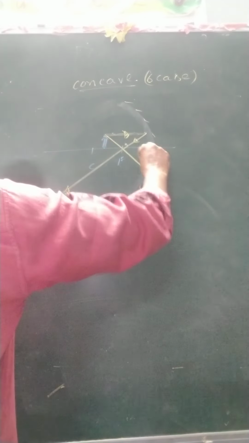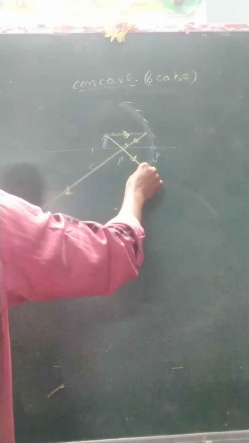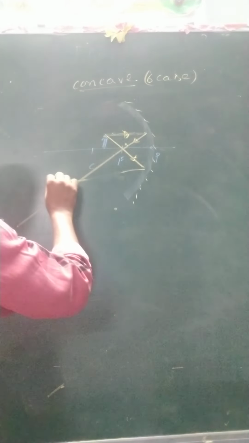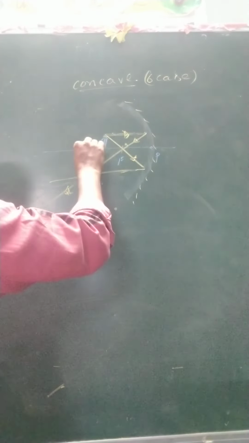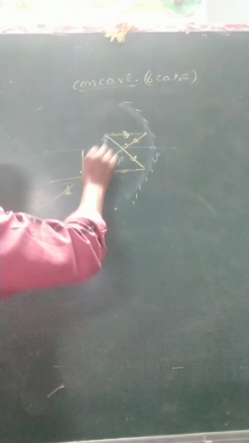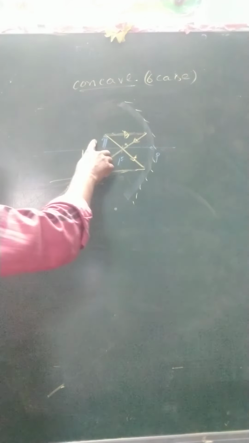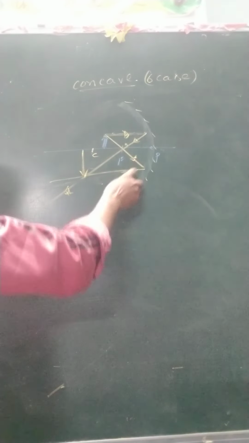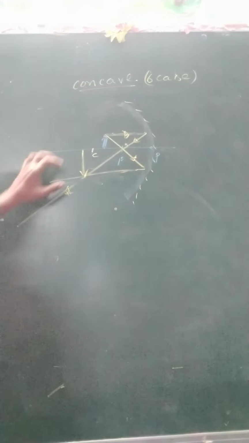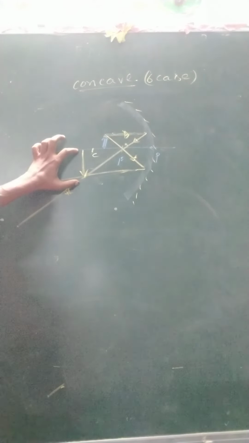Another ray we have to consider, which is passing through the focus. After reflection it is parallel to the principal axis. Where the image is forming: beyond the center of curvature. Nature: object placed between F and C, image is forming beyond C, real, inverted. Inverted means the image is below the principal axis.